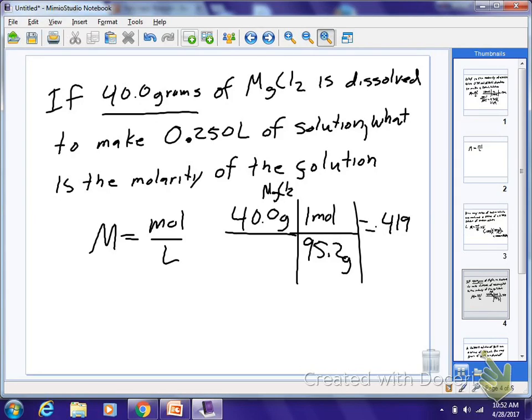You might have a little bit different number than I have. Not much, though, I would think. Then that goes into your equation, 0.419 moles of MgCl2 divided by the liters, which is 0.250. And you've got your molarity. So 1.68 molarity.